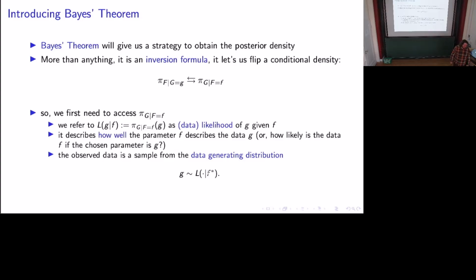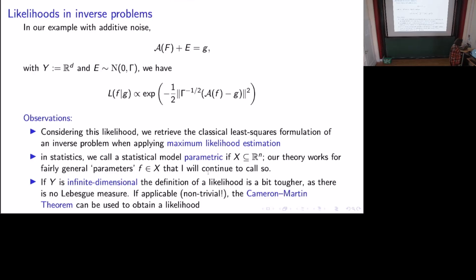Okay. So in our particular Bayesian inverse problem setting, the one with the additive noise, it's quite easy to get this likelihood, because the likelihood is essentially determined by the additivity here and by the noise distribution over there.